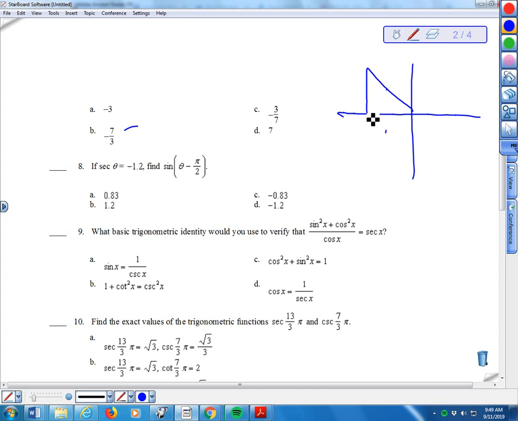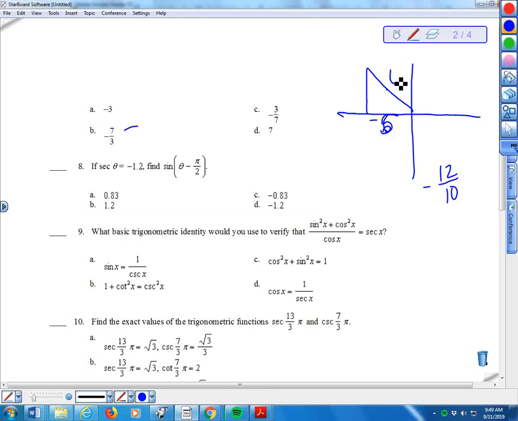And if it's negative 1.2, how would I write that as a fraction? Negative 12 over 10, right? Or 6 over 5. So this would be negative 6, 5.